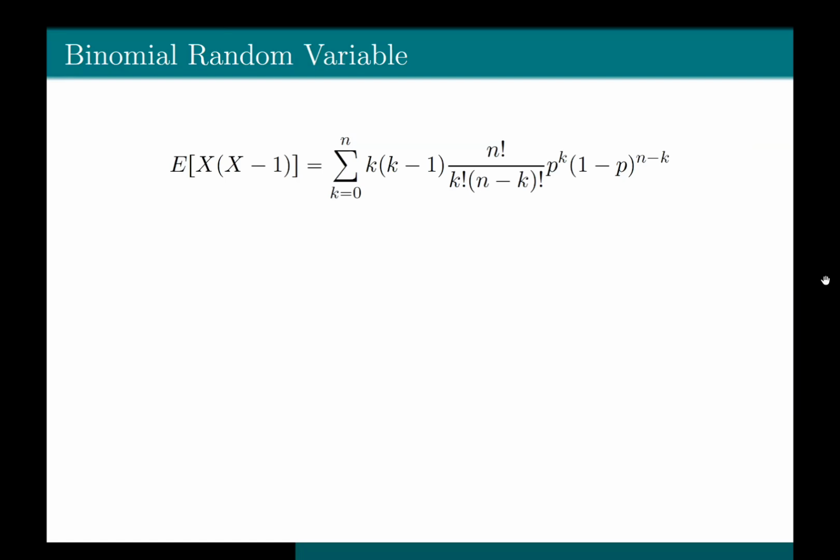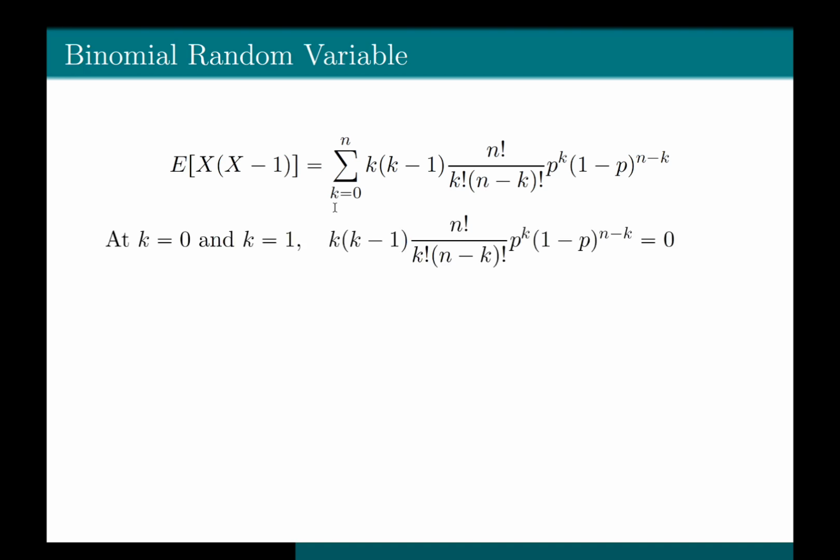Here we will use the formula that whenever we have X as a random variable and we have to find the expectation of a function of X, it is equal to the summation of the function of X times the probability mass function of X. So this becomes summation of k times (k minus 1) times the probability mass function of the random variable X. Now we are taking the summation over the support of X. The support of X contains all natural numbers from 0 to n, therefore we are summing from 0 to n.